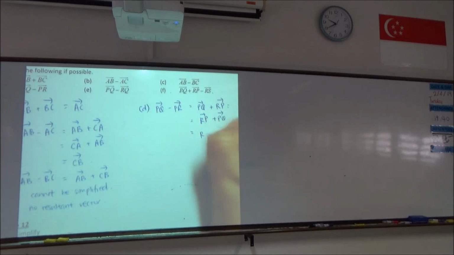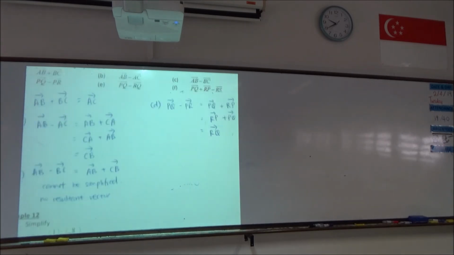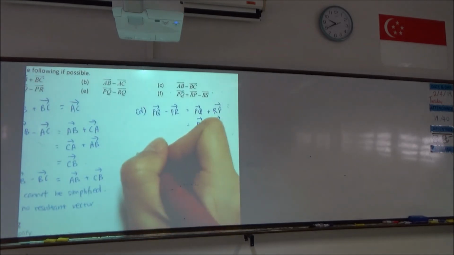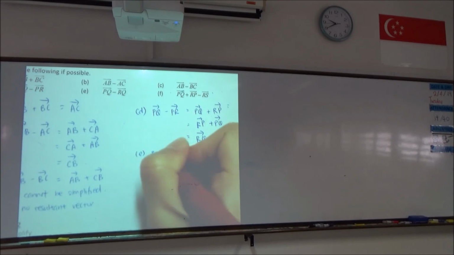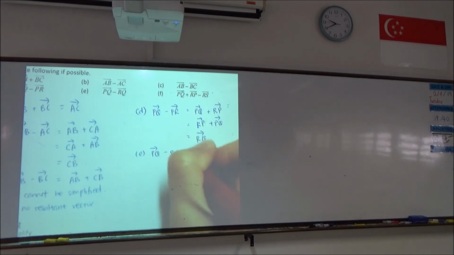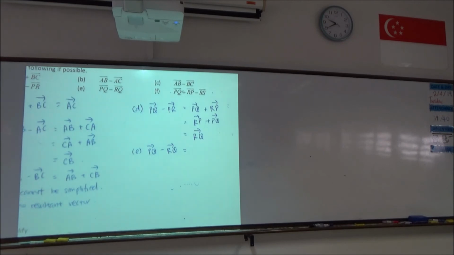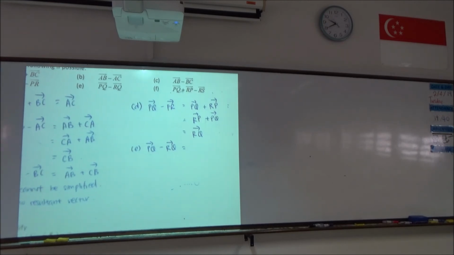And that will give us the resultant vector RQ. Okay, can you do for part E and part F? And see what is the simplified vector.